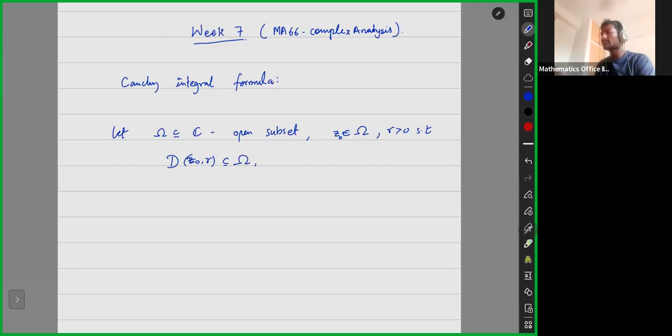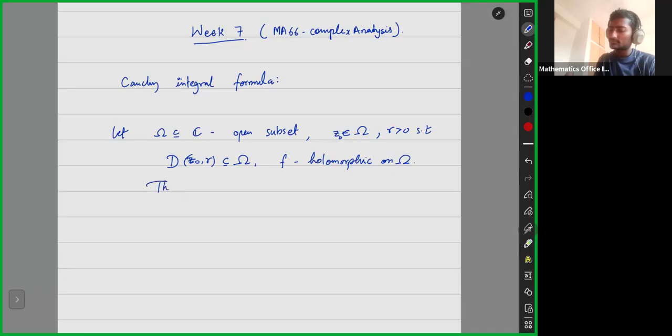F is a function which is holomorphic on omega. Then the values of F can be determined by the integral over various curves surrounding z naught.